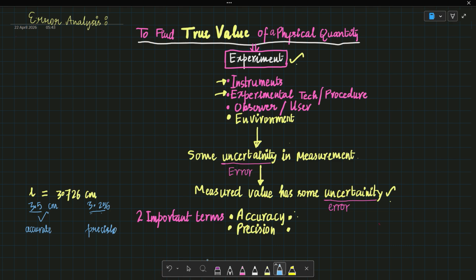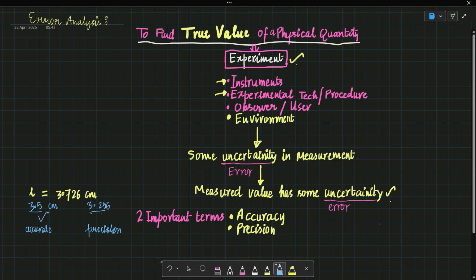So whenever we are performing an experiment, we need to be very sure that our experiment is accurate, and in accuracy we need to include that the precision of the instrument must also be great.